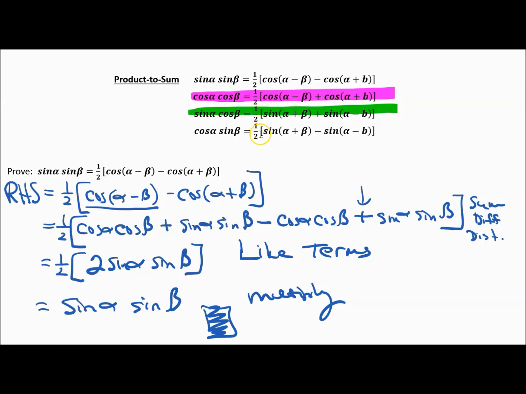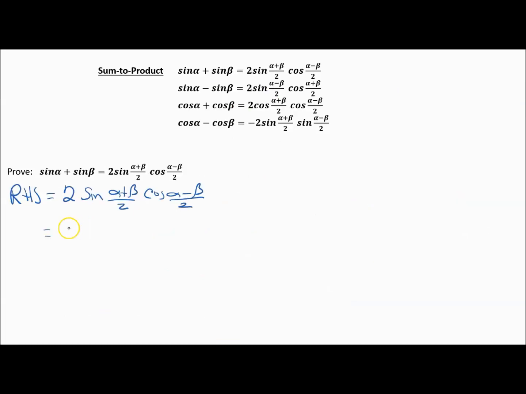Notice it's 1/2 sine of them added together plus sine of them subtracted. So here we go. Actually, let me write that 2 down first because you notice it's still there. Let's try this again.